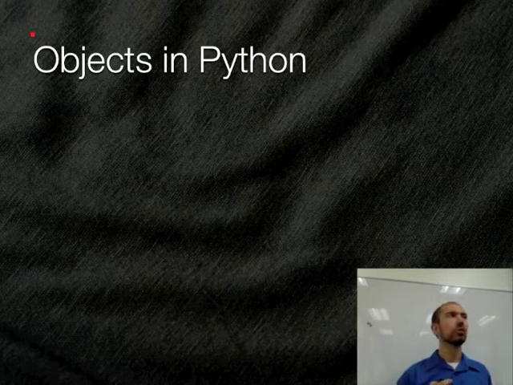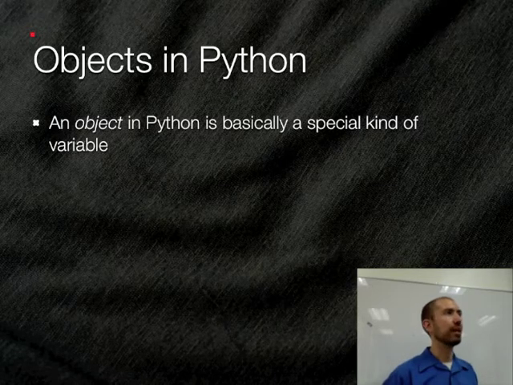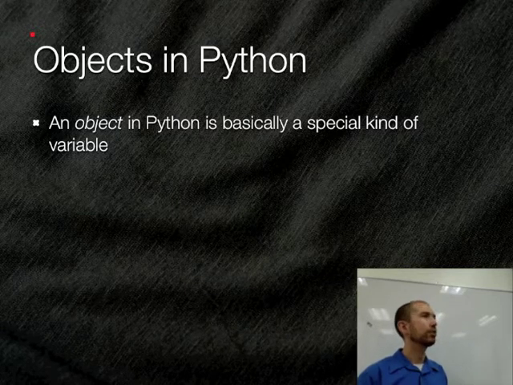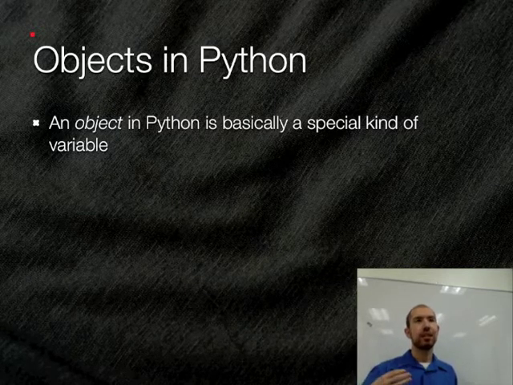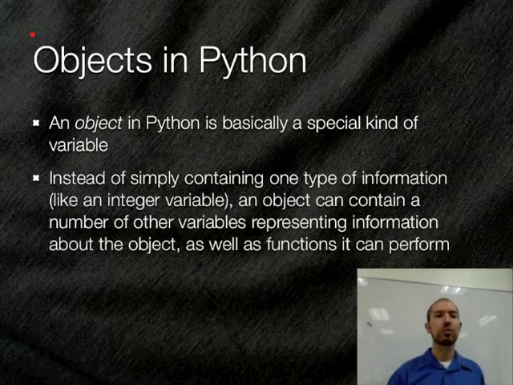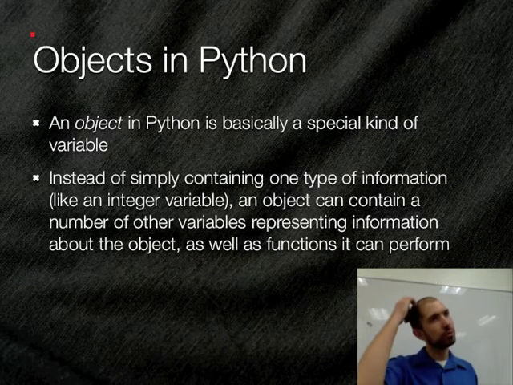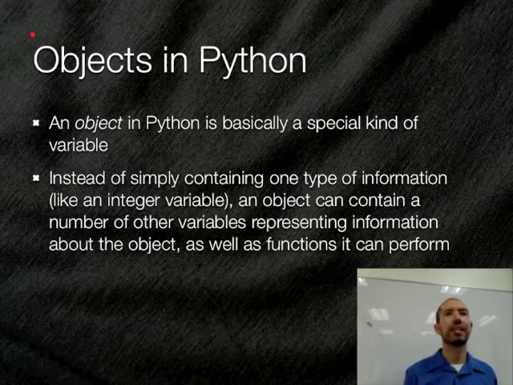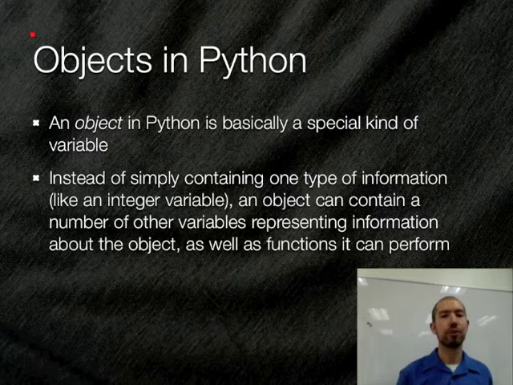Okay, so now let's talk about objects in Python. So basically, when you're talking about what it actually is, an object is essentially a special kind of variable, okay? So we talked about variables before that could be integers, they could be strings, like sequences of text, they could be Boolean values, true or false.